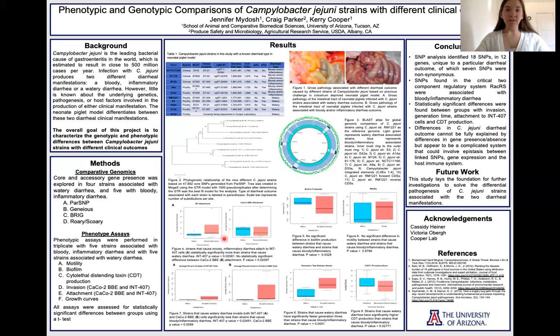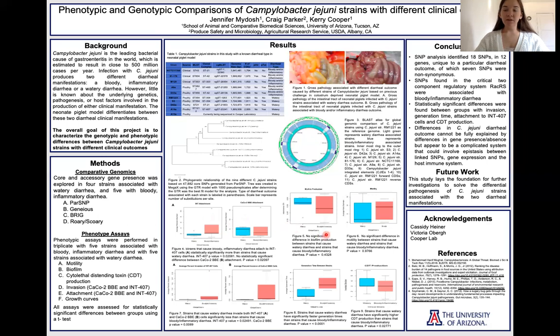And there is a statistically significant difference between the attachment of strains associated with bloody diarrhea and strains associated with watery diarrhea in the INT407 cells, but there's no difference between attachment in Caco-2 BBE cells.